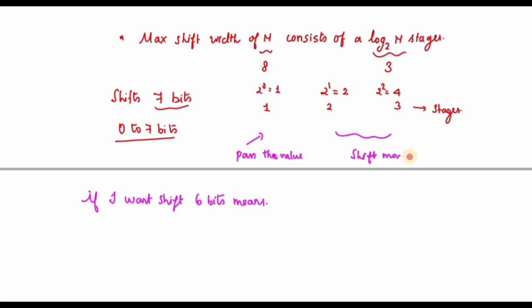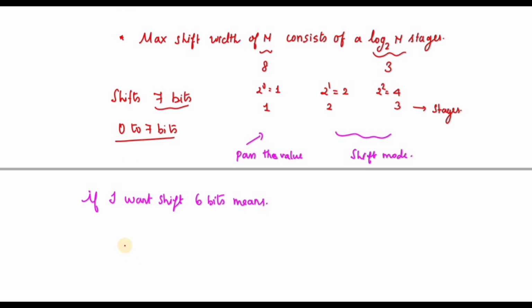If these two shift, you will get the 6 value. So the first stage is in pass mode, and the second and third stages are in shift mode.